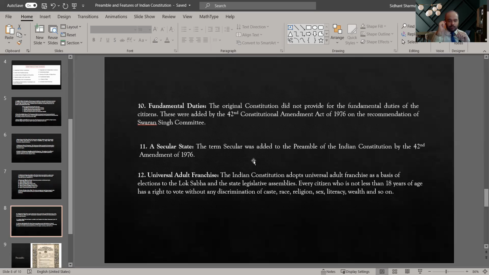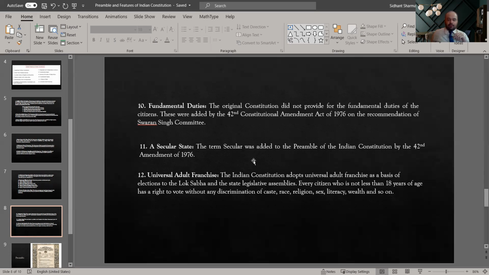This right is very crucial for every citizen of the country, that we the people represent the state, and we the people have dominance over the government. This is the crucial feature that was provided by our constitution, that any man, any woman above the age of 18 has the right to vote in elections.